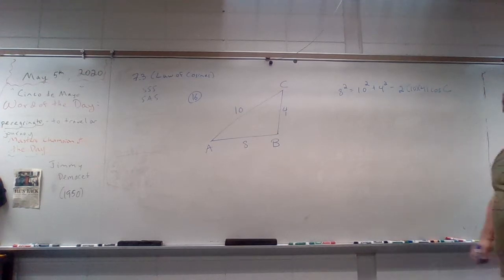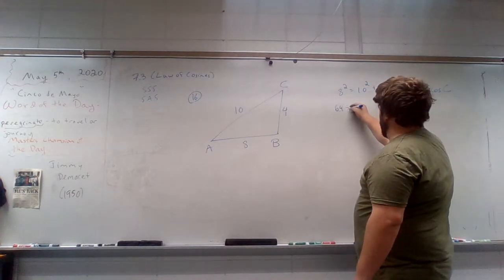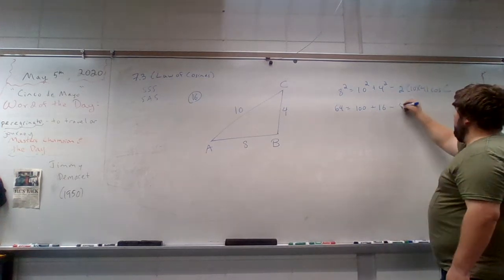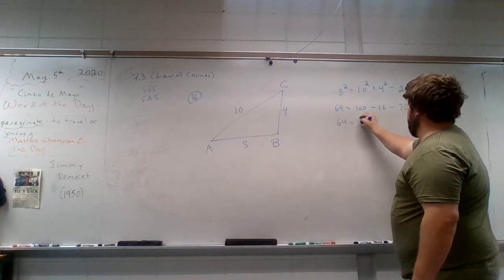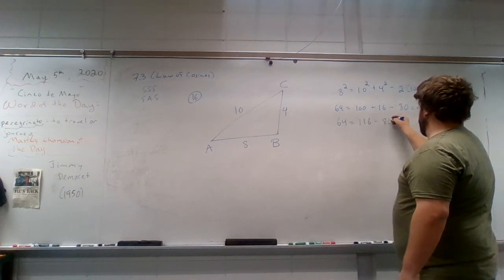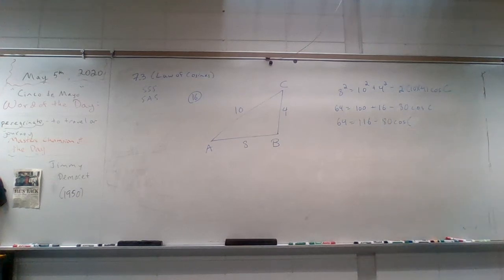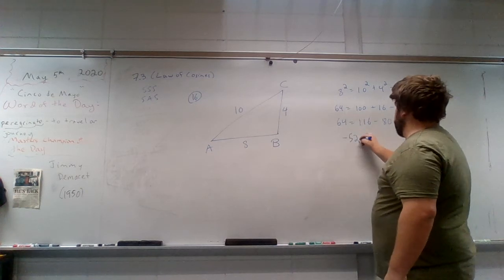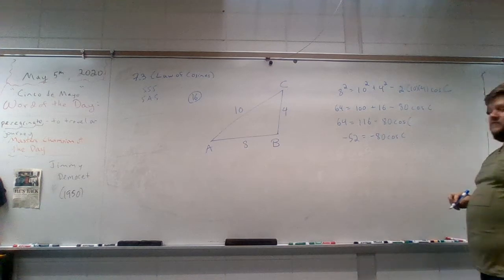Let me just remind you how we did that on the last one. So I got 64 is 100 plus 16, which is 116, minus 80 cosine of C. So negative 80 cosine of C equals negative 52 if I subtract the 116.